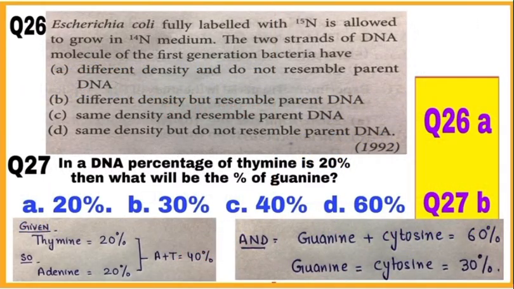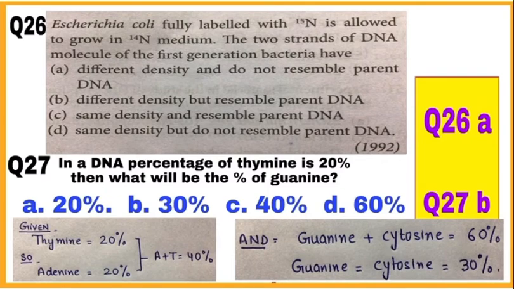Question number 26. Escherichia coli fully labeled with N15 is allowed to grow in N14 medium. The two strands of DNA molecule of the first generation bacteria have. When fully labeled N15 E. coli was grown in N14 medium, then the two DNA strands found in the first generation had density different from the parental DNA in the experiment.